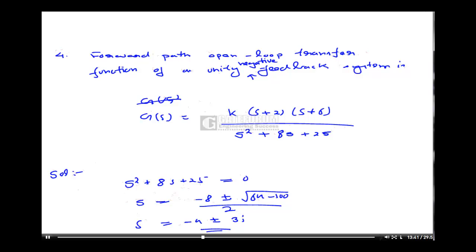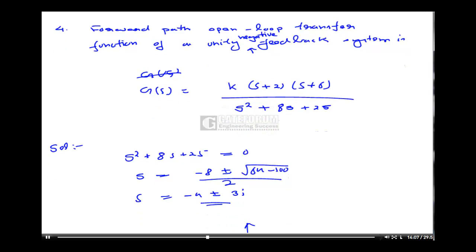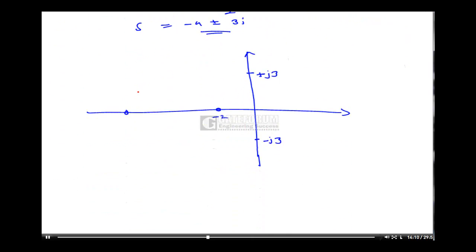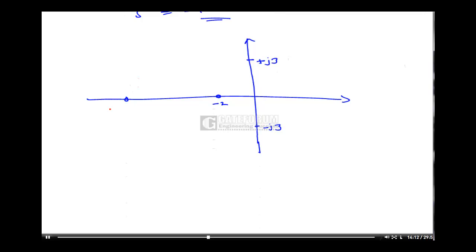If I plot this on the S plane, plus j3, minus j3. One zero at minus 2, another zero at minus 6.